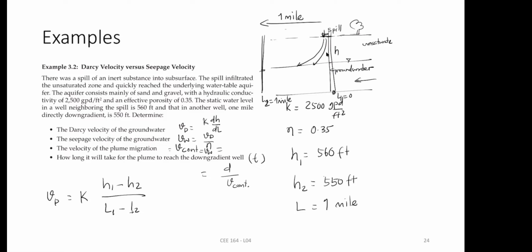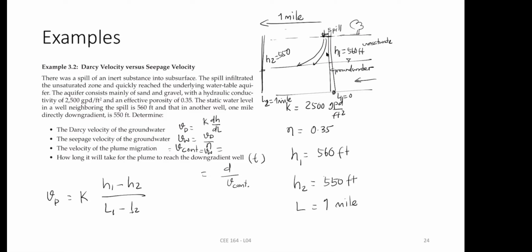Wherever you say L1, you have to define H1 at that location. H1 is 560 and H2 is 550. A lot of times people switch them, and the answer becomes negative. You always have to see which direction water moves. As long as you are consistent, the sign will cancel out, so you will not get a negative number.